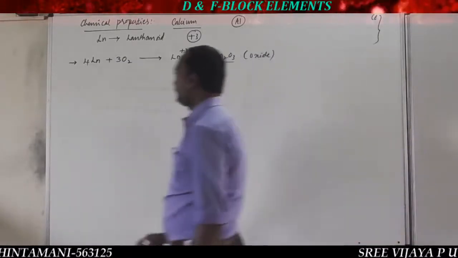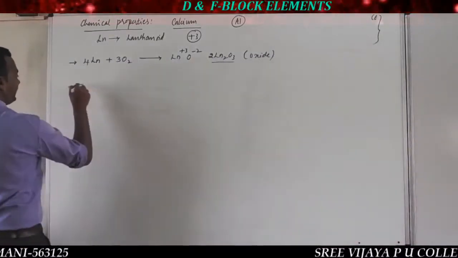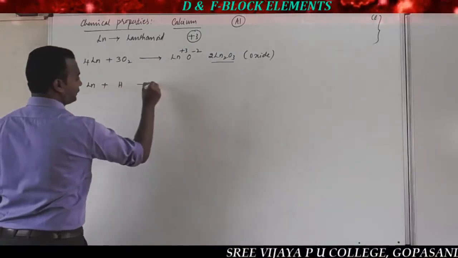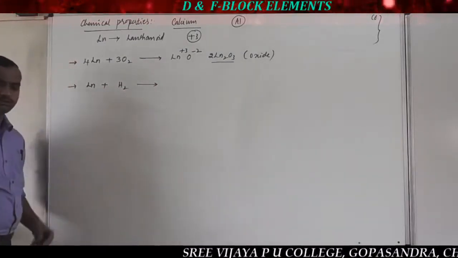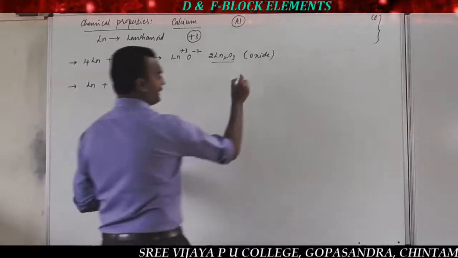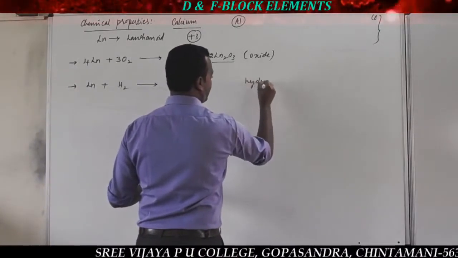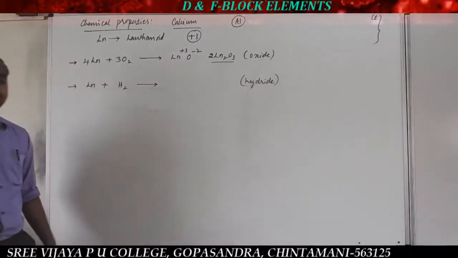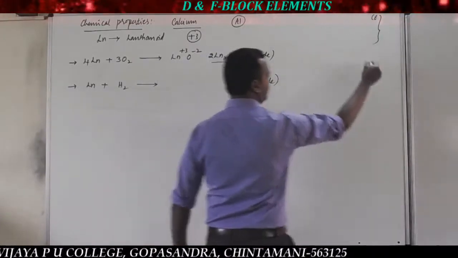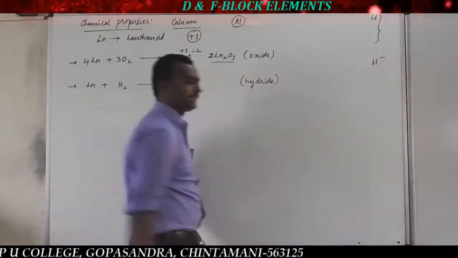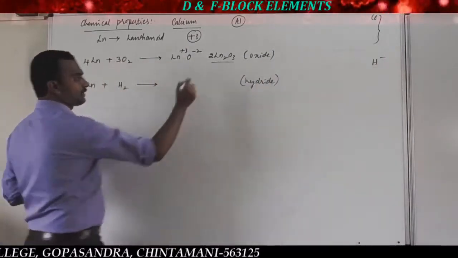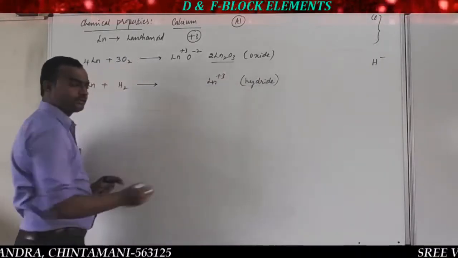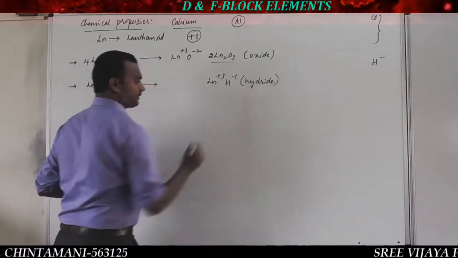Next, when any lanthanide reacts with hydrogen, you will get the hydride. Hydride is nothing but H minus. So what is the formula? Lanthanide has the oxidation state +3, hydride has the charge -1.